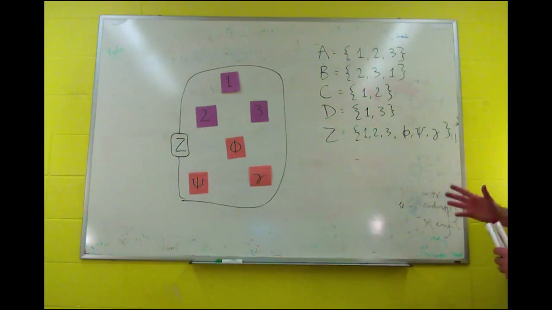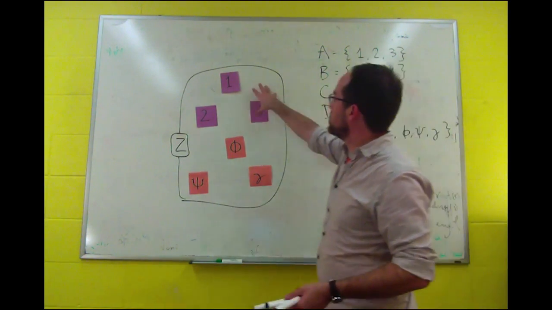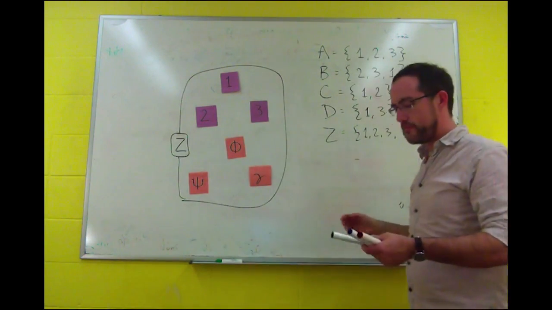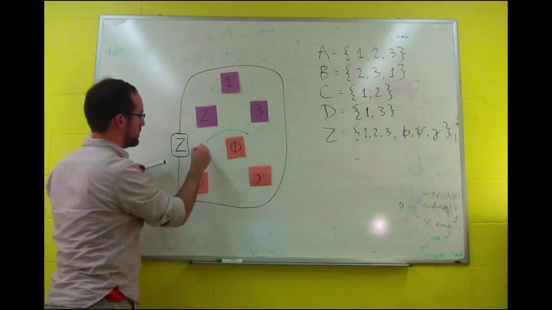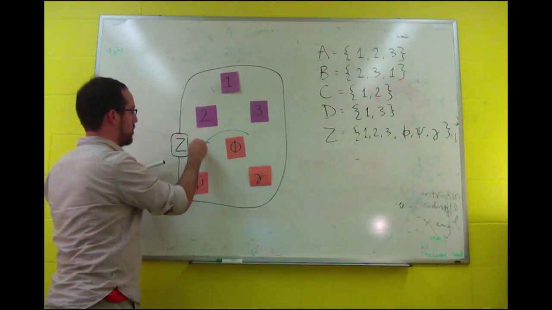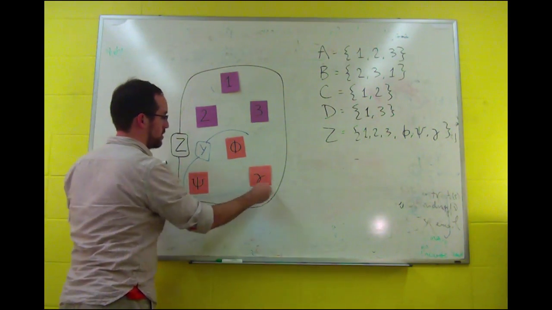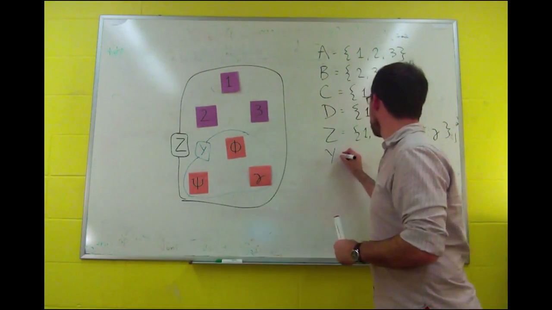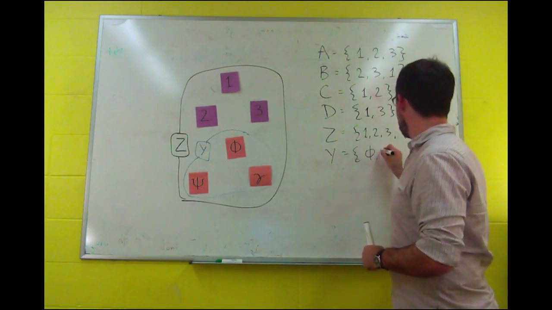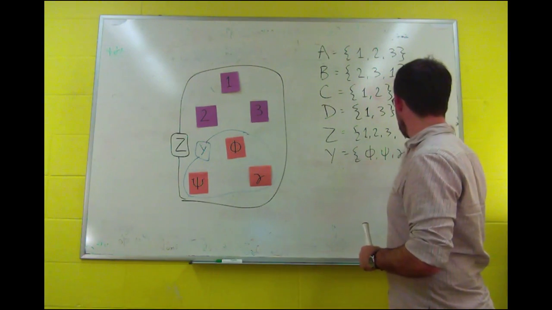That's a big set. Now, if we take A, A is going to be 1, 2, and 3. Now we could take a set as well, just of these Greek letters. We'll call it set Y. So Y would just be the Greek letters phi, psi, and gamma.